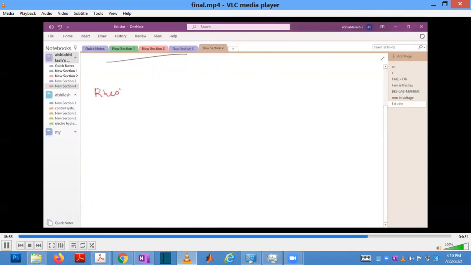In the rheostat you adjust the resistance value to RTH, and from the power supply you adjust the voltage value to VTH. So you connect the rheostat, then the power supply.